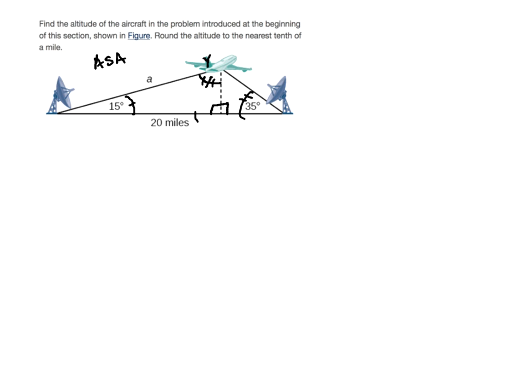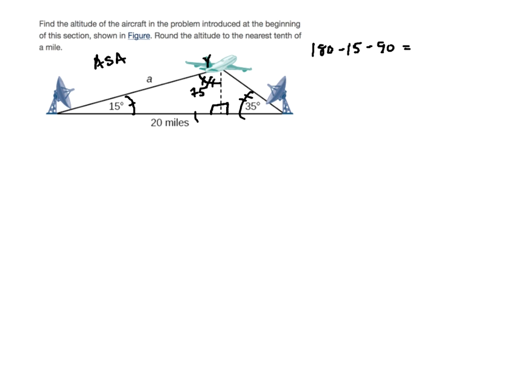Angle gamma has to be equivalent to 180 minus 15 minus 90, because that corner makes a 90-degree angle. 180 minus 15 minus 90, I get 75.